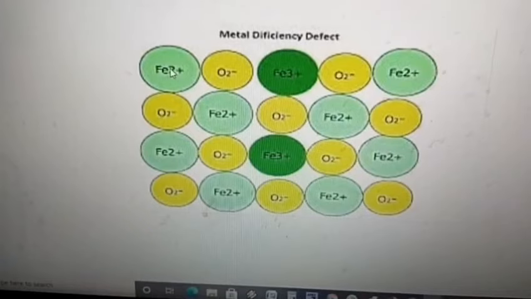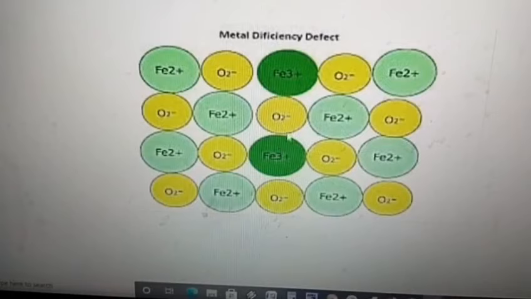Here the amount of metal ions is less than required. Actually Fe2+ should be present, but the amount of Fe2+ ions is less, so the loss of positive charge is covered by these Fe3+ ions. So it occurs due to the presence of fewer metal ions. This is about metal deficiency defects.